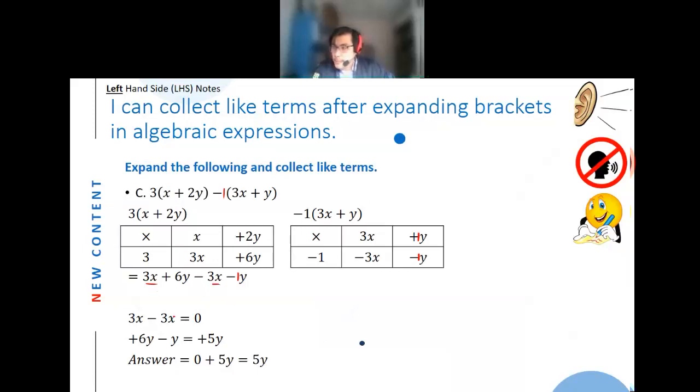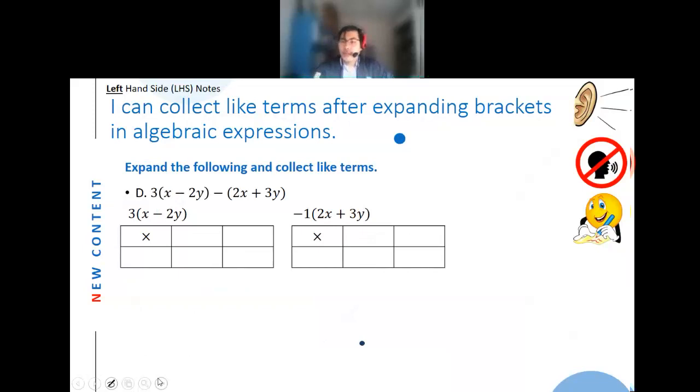So 3x minus 3x, well, that's just going to be 0. And then we have plus 6y minus 1y. So plus 6 minus 1 gives you plus 5y. So combine them together, we have 0 plus 5y, and that's going to give you 5y.